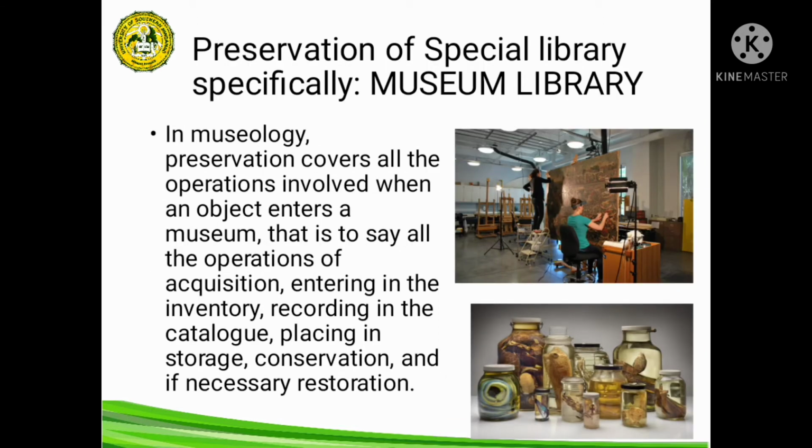In preservation of special library, specifically the museum library, in museology, preservation covers all the operations involved when an object enters a museum, that is to say, all the operations of acquisition, entering in the inventory, recording in the catalog, placing in storage, conservation, and if necessary, restoration.